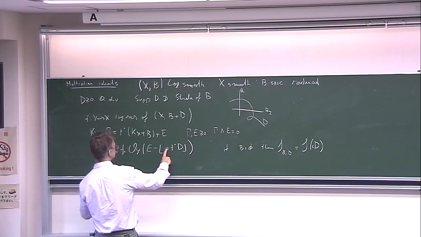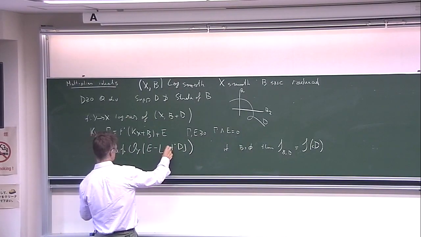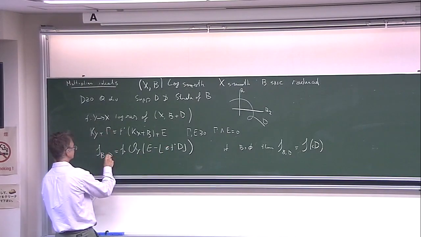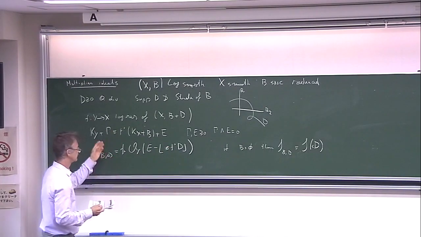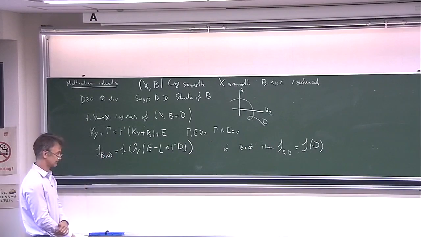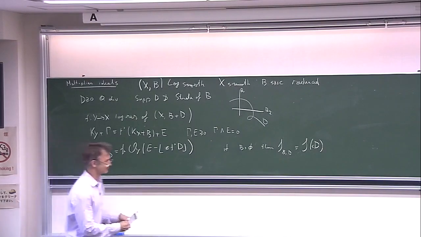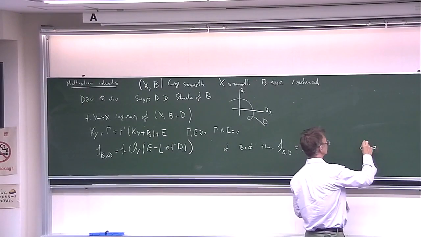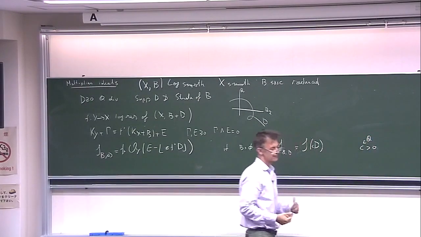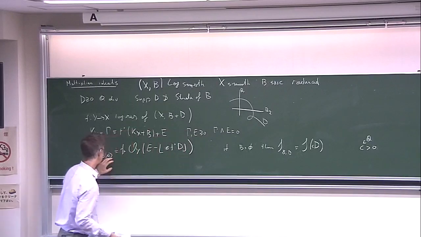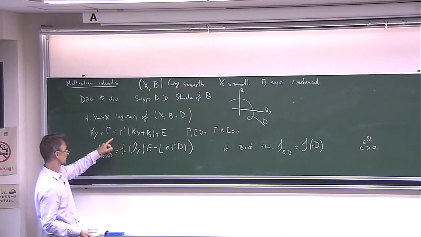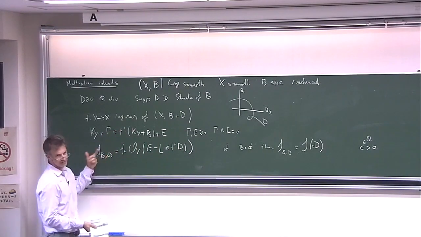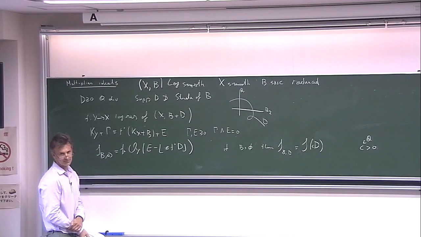Let me put a C here. I mean, D is a Q-divisor, so I can do it whichever way. What is C? C is some rational number, or even a real number if you want. C is really not necessary because you can just replace the Q-divisor D with the Q-divisor CD.